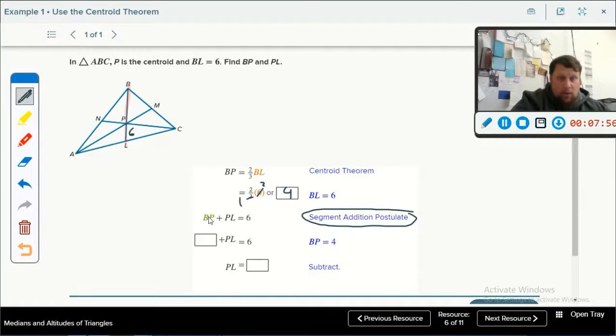Well, what does BP equal? We know BP is 4. So 4 plus PL equals 6, and we can say that because BP equals 4. If that's true, let's subtract that over, and we get that PL equals 2. Boom! Check that out. Awesome stuff. All right, I'm going to erase this. We're going to move on, but let's roll.